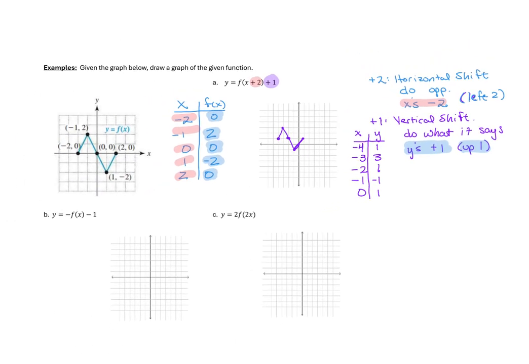And so notice that on this one, what we have done is we have moved all of our points to the left 2, and we have moved our y up 1. All right, let's go ahead and try a couple other examples.